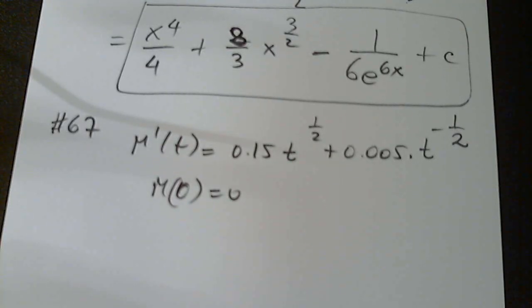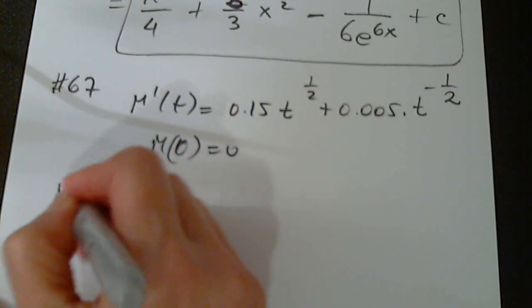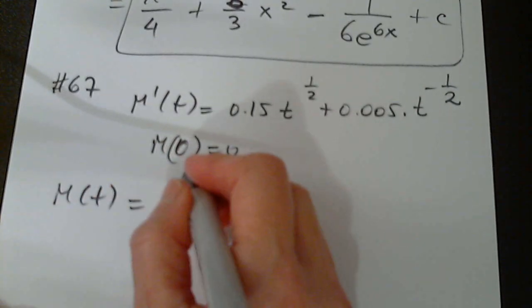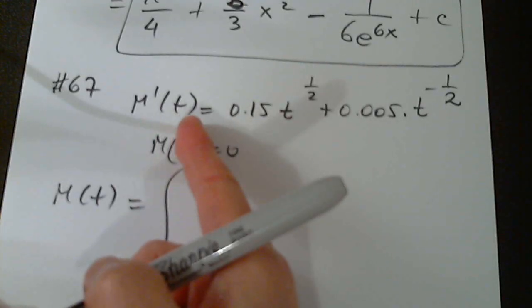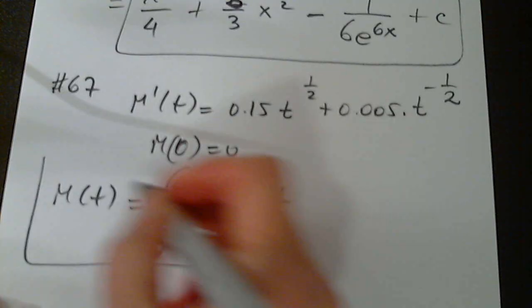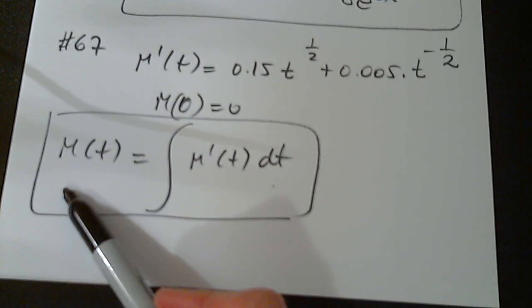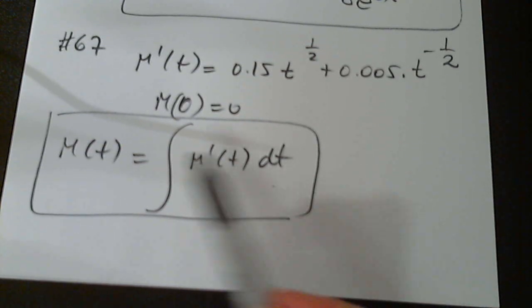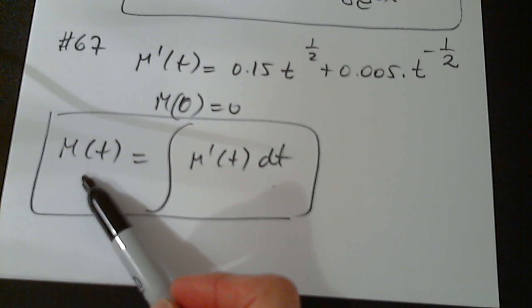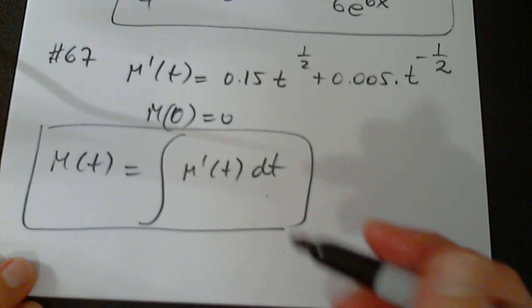So, how do I find M of t? M of t is the integral of M prime of t dt. The integral of the differential M prime of t dt gives us the function, the most general antiderivative.